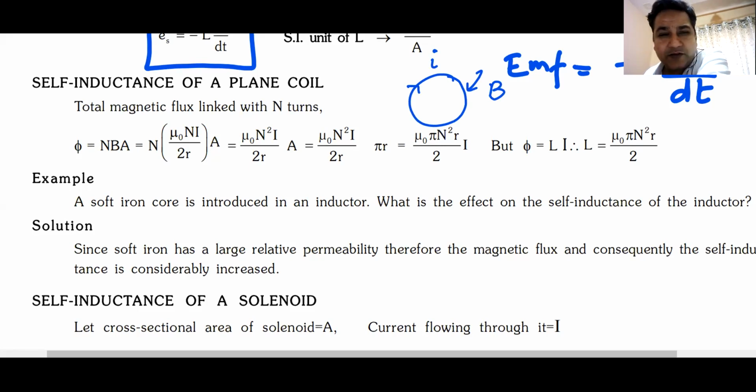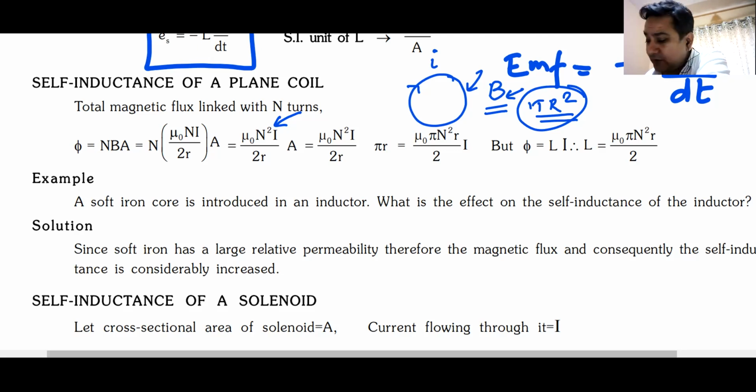Once you know the magnetic field, you multiply it by the area of the coil. That will give you the flux linked with one coil. If there are n turns, you multiply the field by n to get the net magnetic field. Then you again multiply the area by n to get the net flux. So you will have n squared coming into this.